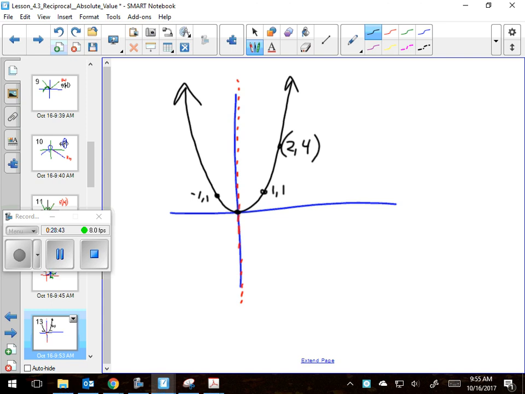And negative 2 comma 4. And remember, if this is f of x, then I do 1 over f of x, it's the y's that are getting reciprocaled.